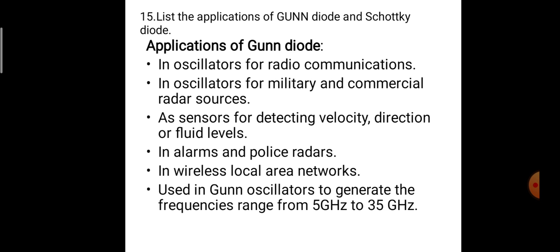In oscillators for radio communications, in oscillators for military and commercial radar sources, as sensors for detecting velocity, direction, or fluid levels, in alarms and police radars, in wireless local area networks, and used in gunn oscillators to generate frequencies ranging from 5 GHz to 35 GHz.